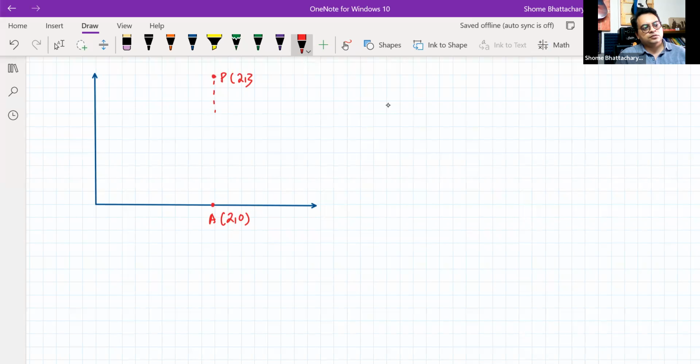So this is the path from A to P. But first we'll worry about the path from O to A.